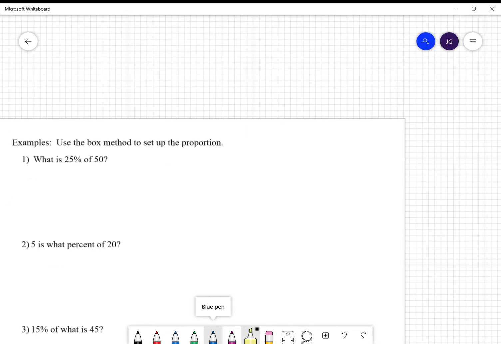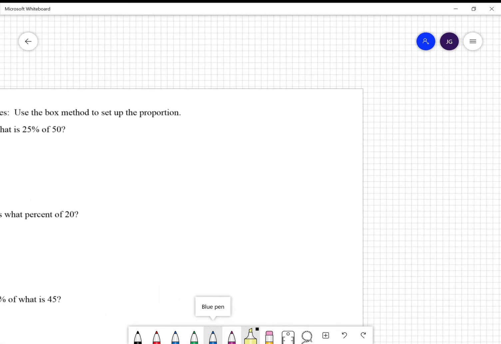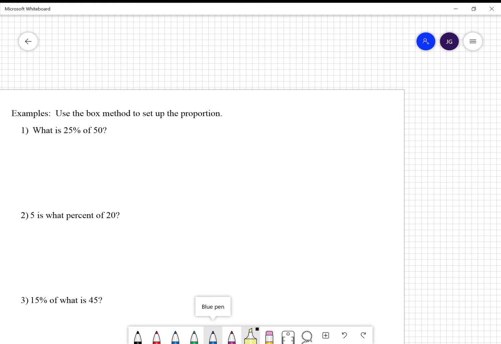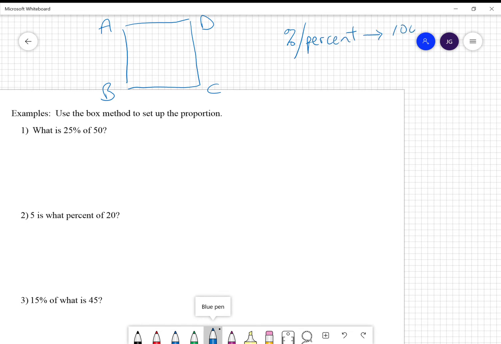All right, so in the box method, you basically draw a box. In the top left is A, and then going around counterclockwise, you have B, C, and D. Percent, as the symbol or the word, is substituted by 100.